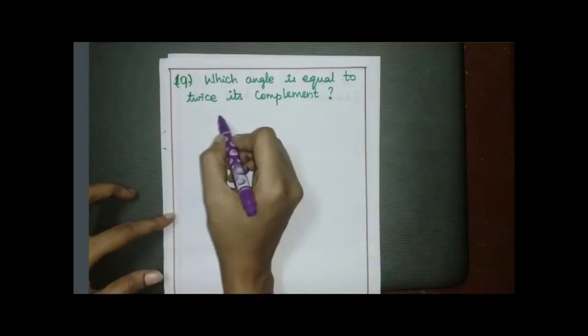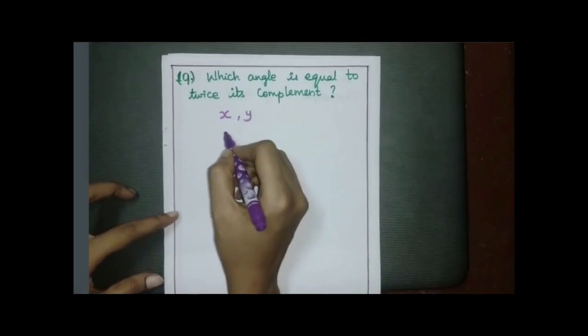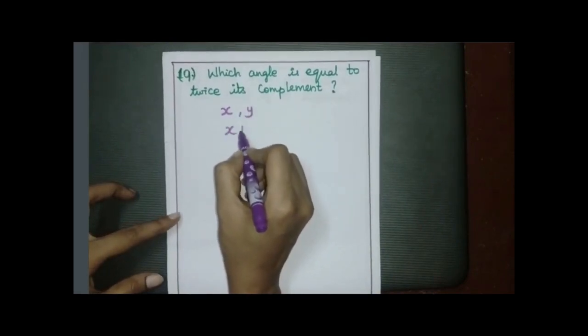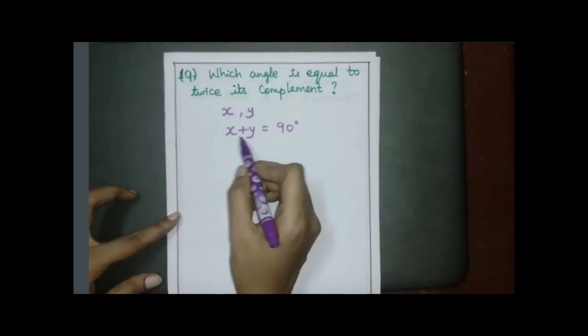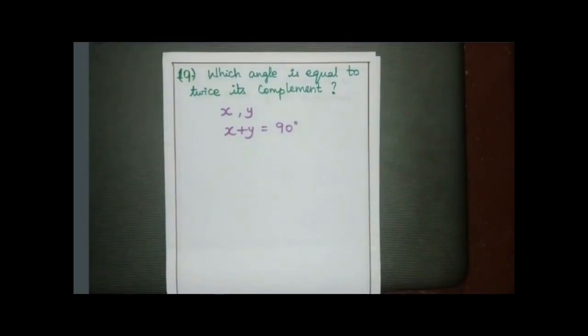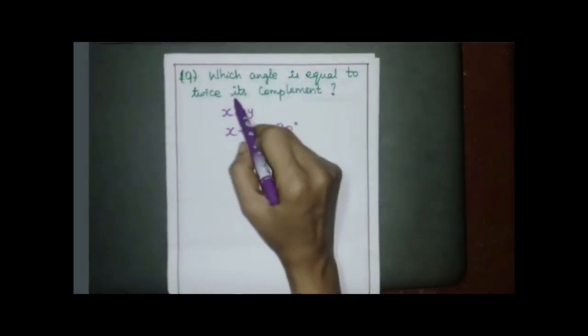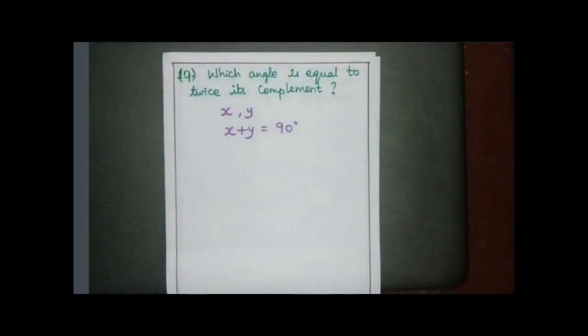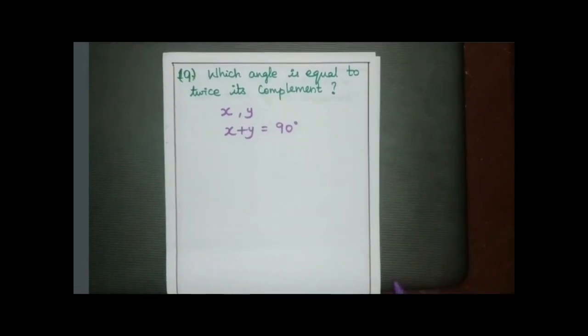So I am taking the two angles as X and Y. So X plus Y will give 90 degree because these two angles are complement to each other. So what is the hint given? Which angle is equal to twice its complement? So one of the angles is twice the other.